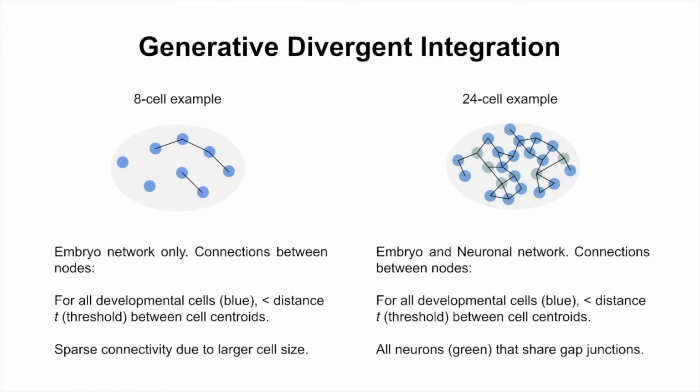There's no longer this fragmentation of the network. It's totally joined together, but you can see that the neural network and the somatic network are joined together by the same criterion. And so we actually have this dual network. All neurons that are green might share gap junctions and have special properties, and those networks are at this point fragmented, but they share properties that the somatic cells do not.